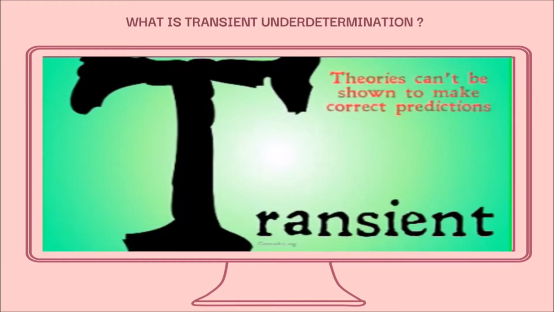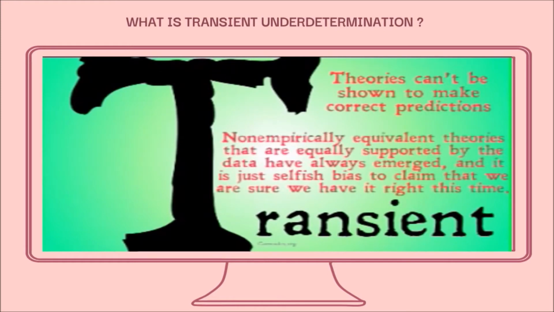And finally, theories can't be shown to make correct predictions because theories that are non-empirically equivalent but equally well supported by the evidence that make different predictions have no way of being distinguished or shown to be more or less correct than our current theories until we reach such a point that the predictions are shown to be true or false, and even then we can call into question our previous beliefs about science and our previous theories.